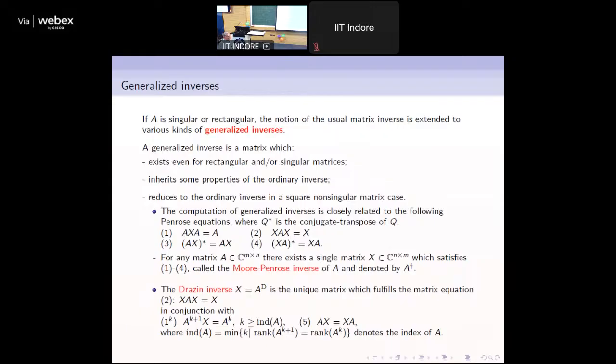First, how are these inverses found? How can one think to introduce a new type of generalized inverse? What is the need to introduce a new type of generalized inverse? There are a lot of cases: right hand side, left hand side, dual case.